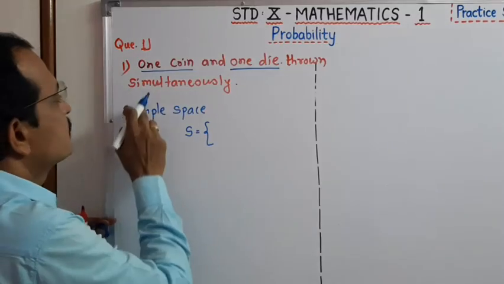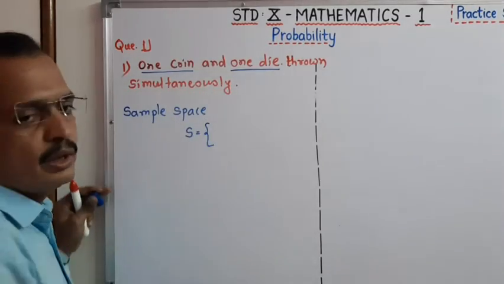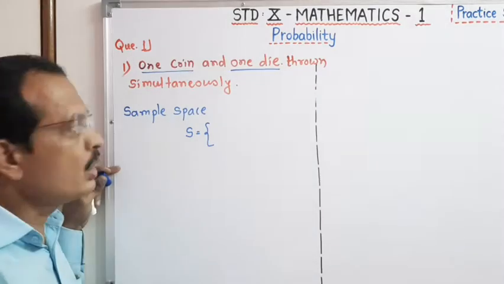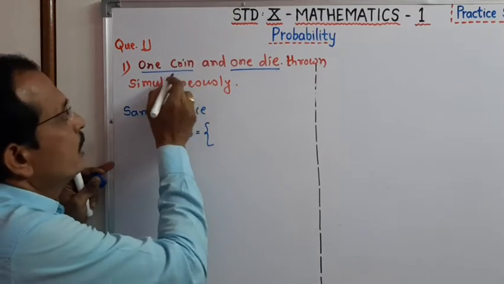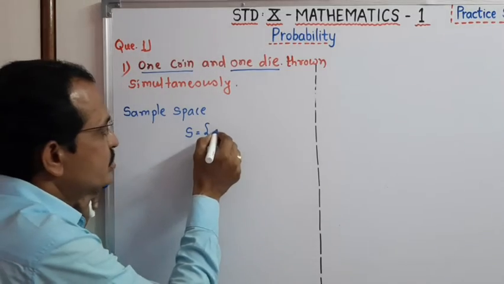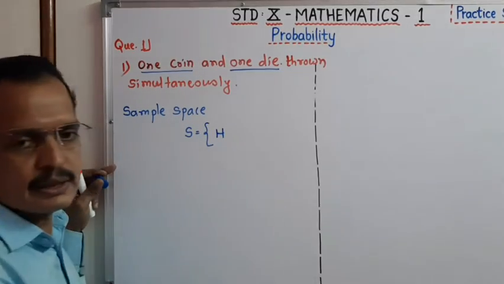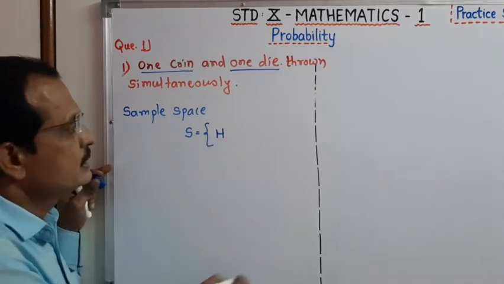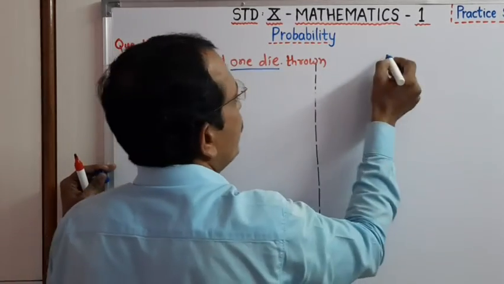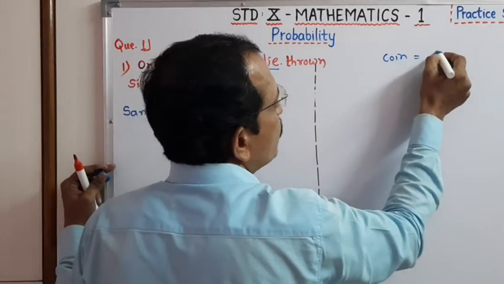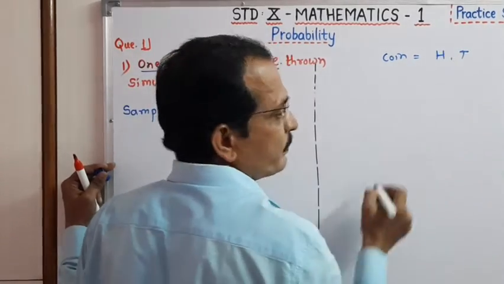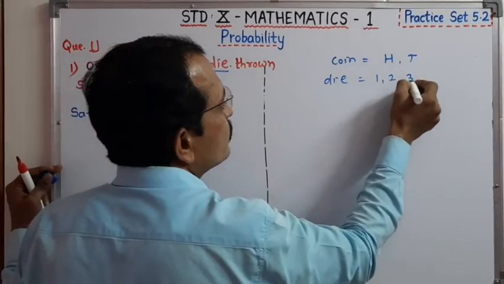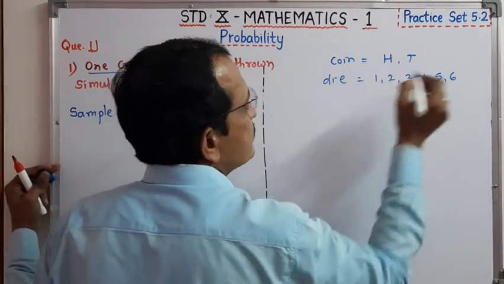Here, one coin and one die. For the coin, what are the possibilities? H and T. And for the die, what are the possibilities? 1, 2, 3, 4, 5 and 6.